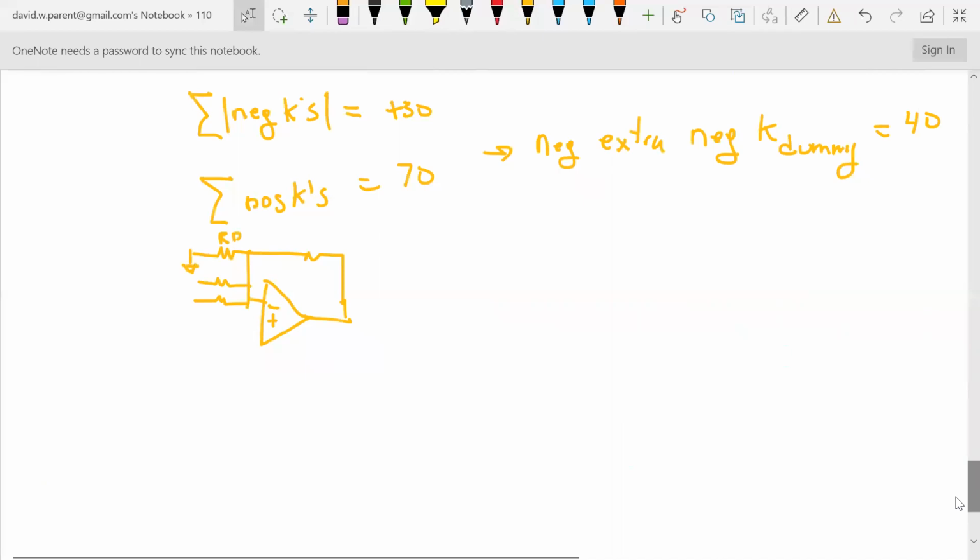And I just put that to ground because the signal is 0. So that's how I can get away with it. That's 1, that's 2, then I have 3, 4, and RF.